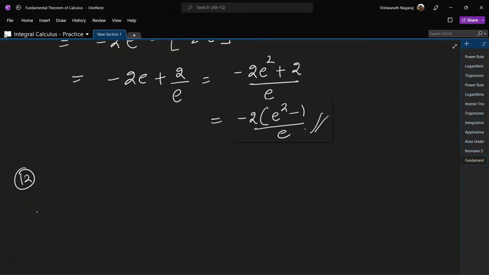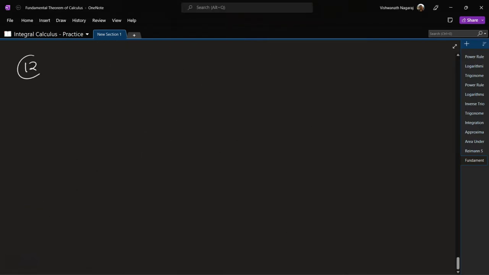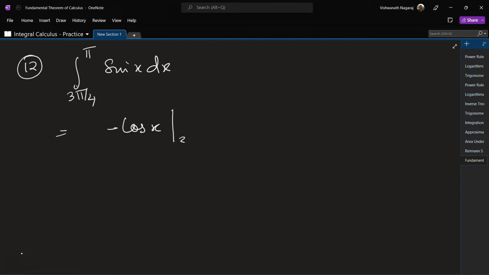So 12th one, integral from 3 pi by 4 to pi of sine x dx. Now, integral of sine x is minus cos x, from 3 pi by 4 to pi. So this would be minus cos pi minus cos 3 pi by 4.